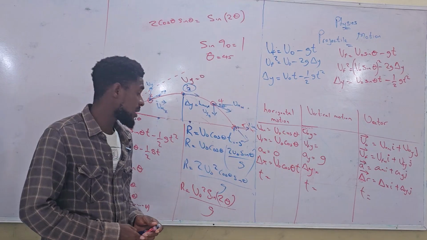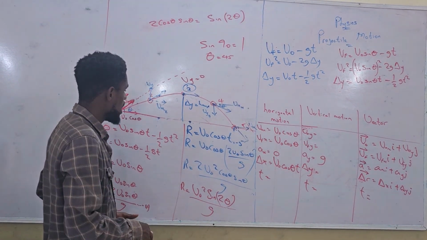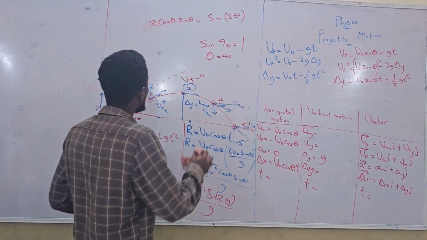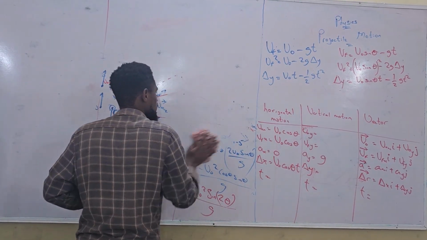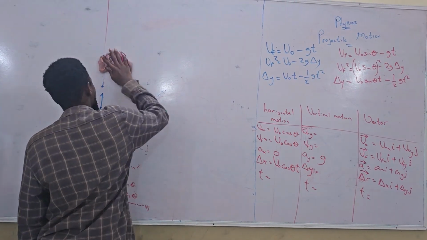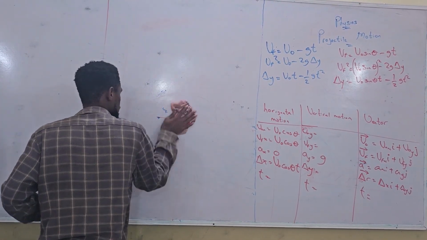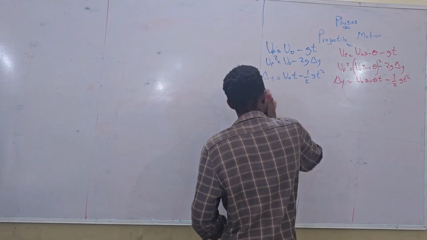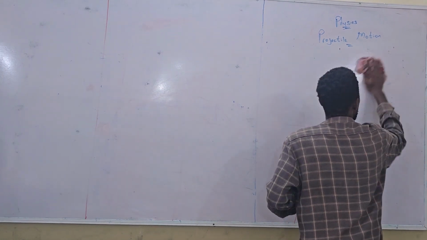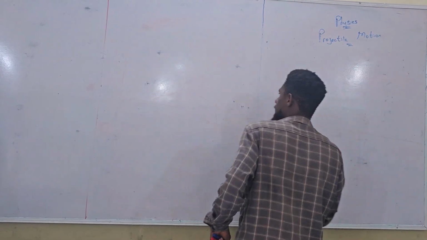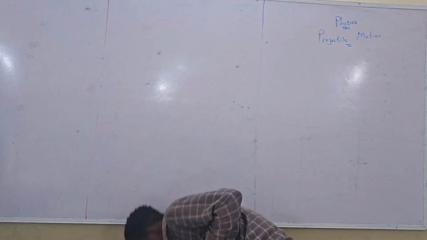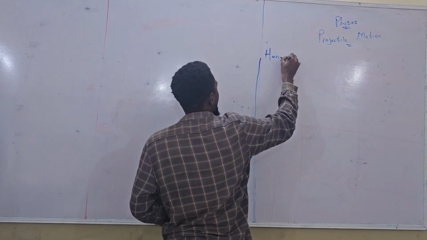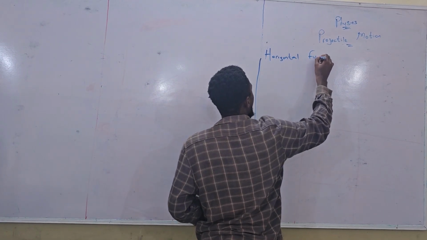Moving on to the non-symmetric projectile motion. For non-symmetric projectile motion, the first type we'll look at is horizontal firing or throwing.